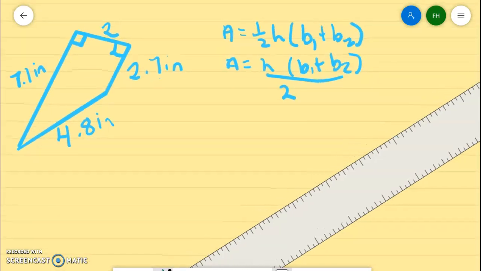Remember, the area of a triangle is base times height divided by 2. But the area of a trapezoid is your 2 bases together times your height divided by 2. So here, remember, your bases are directly across from each other. They're parallel.